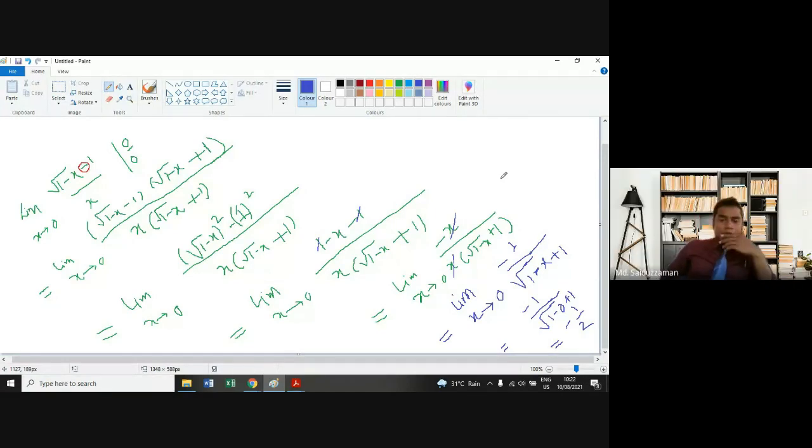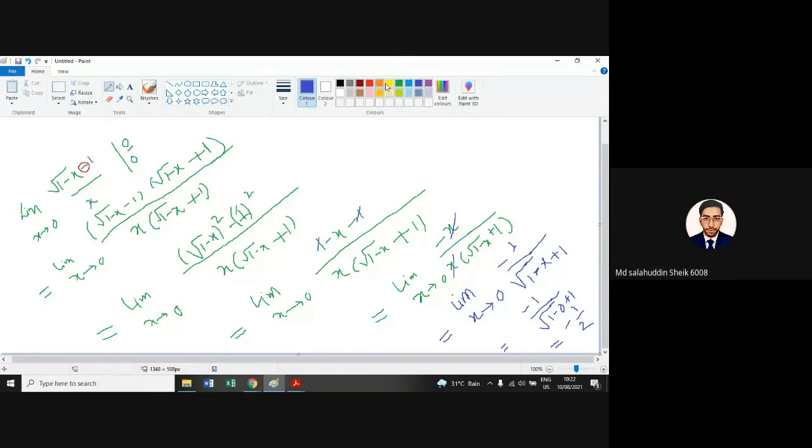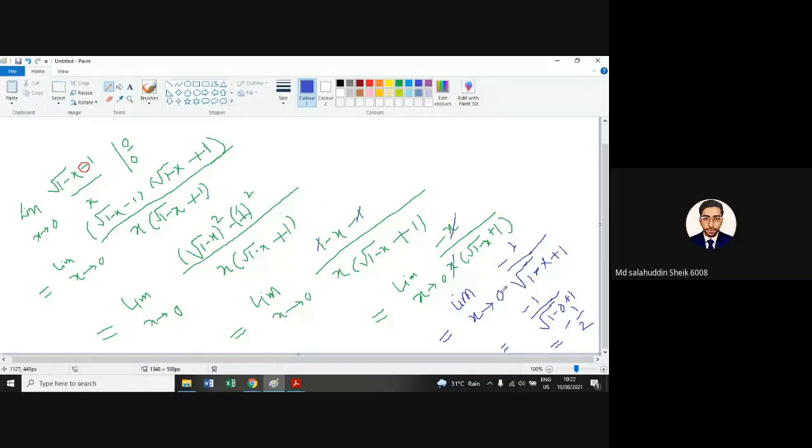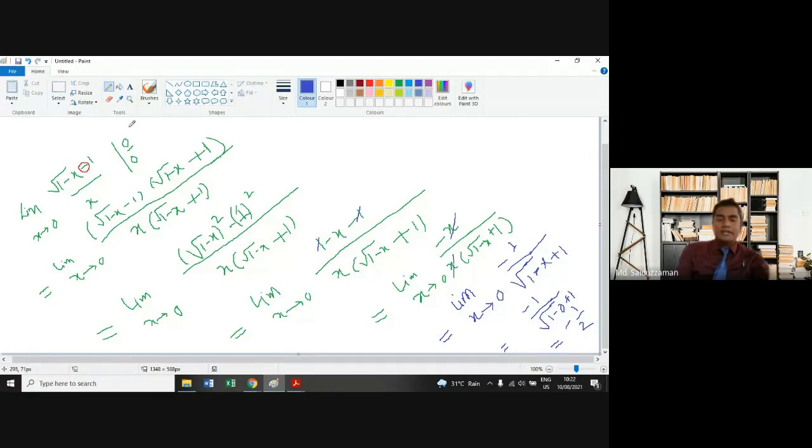Okay, now some complementary question for you. Why do we use plus 1 in the second line? Suppose here, what is the sign? It is negative: square root of something minus something.